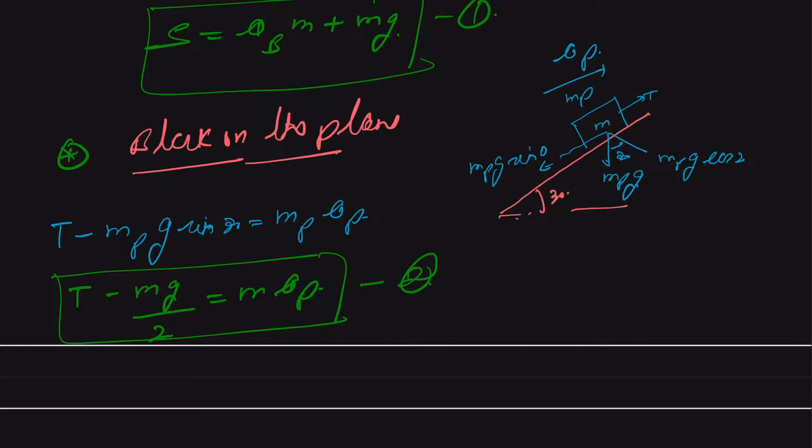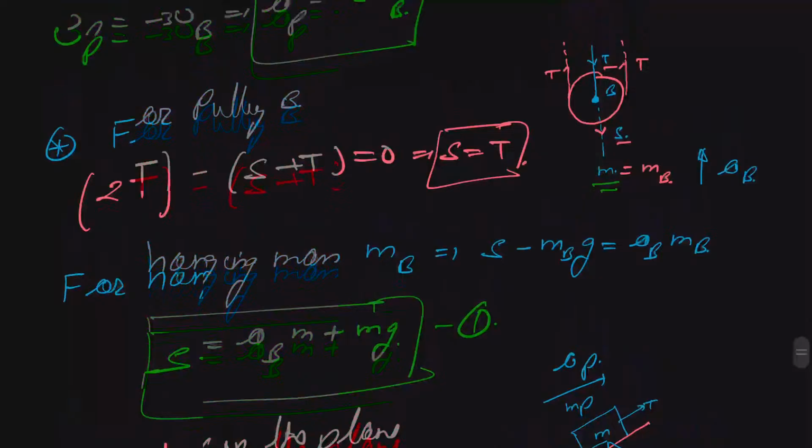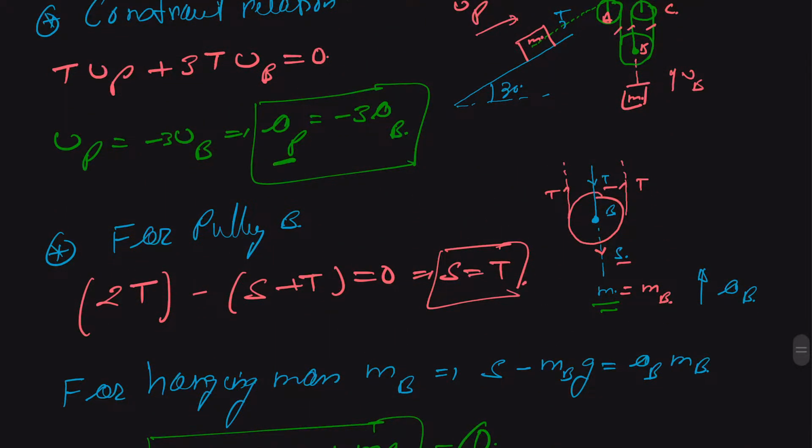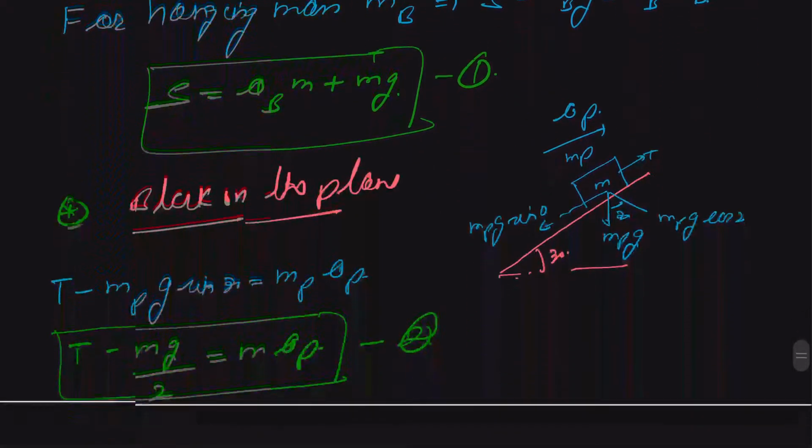And we already know the constraint relationship, that acceleration of the plane is equal to minus thrice the acceleration of our B. Okay.